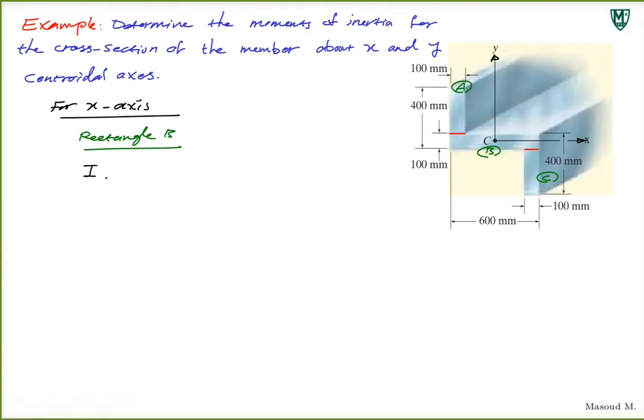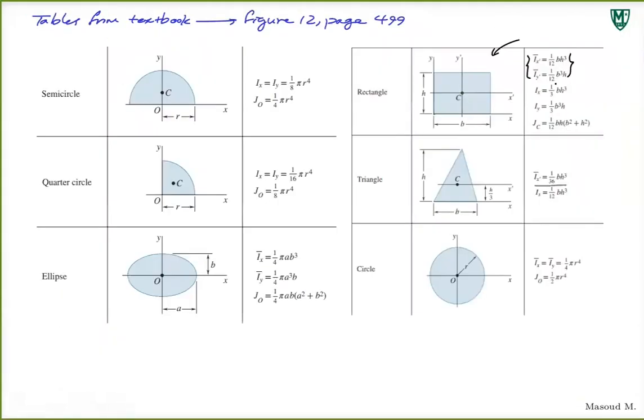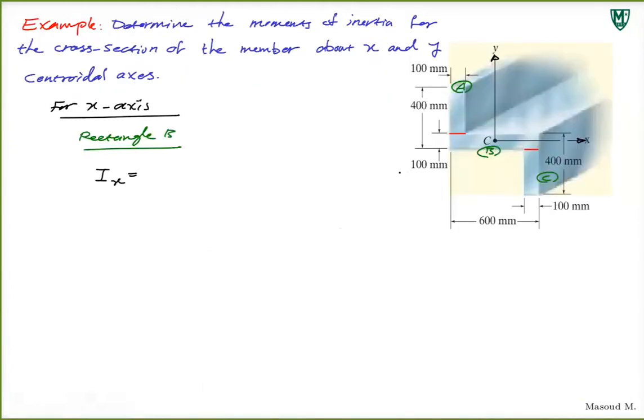I'm doing it for x first, so we can practice each of them separately. Ix would be I x prime, 1 over 12 b h cubed. What is b? What is h for rectangle B?